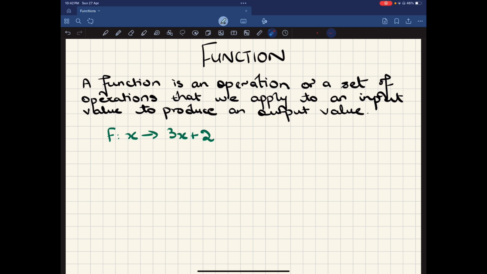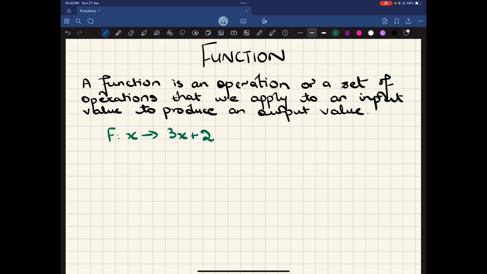This is how we literally read this: f is a function that maps x onto 3x plus 2. So basically, what is the set of operations? You're multiplying x with 3 and then adding 2. So your input value is x, then you multiply it with 3, add 2, and get an output value. This is what the definition says, and this is the function notation.